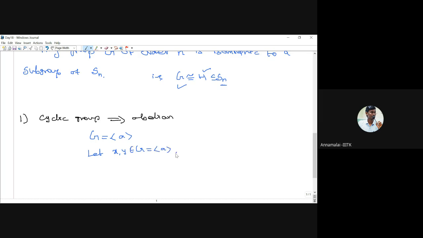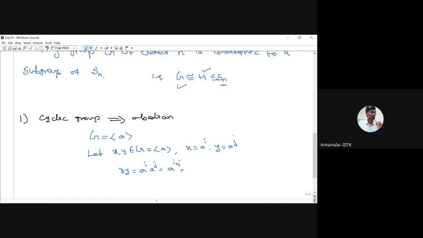Therefore x is of the form a power i, and y is a power j. Now what is xy? x is a power i, y is a power j. Now the base is the same, therefore you can add the powers, so a power i plus j.